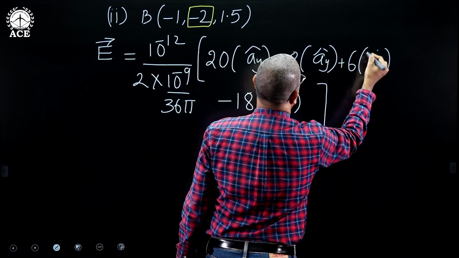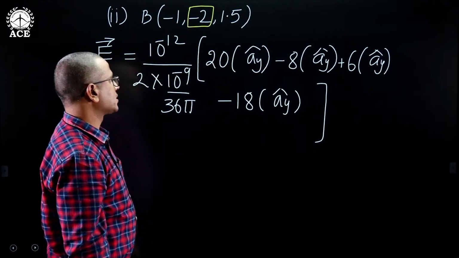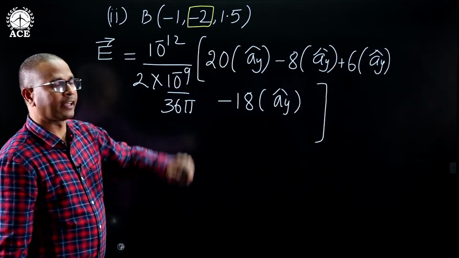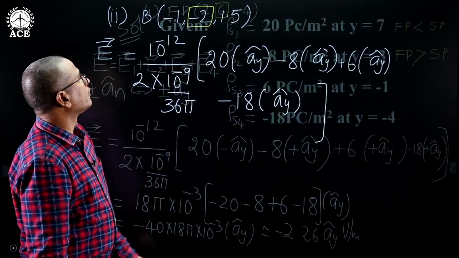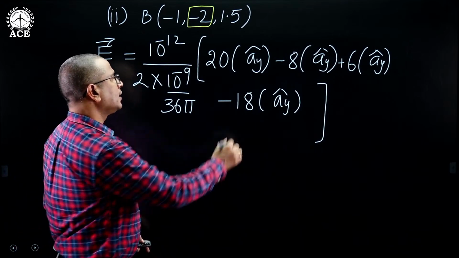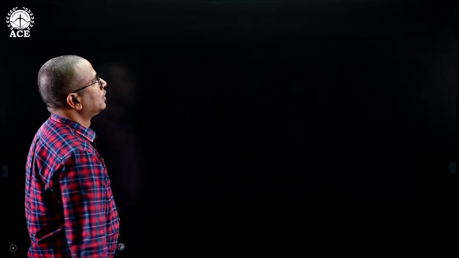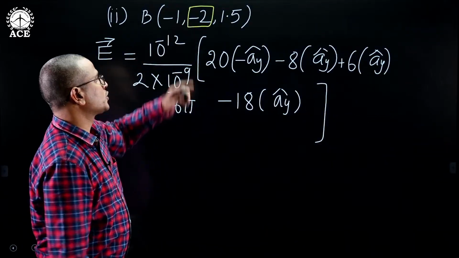Now we can decide the sign by looking at the source point and field point locations. Tell me, 20, -8, 6 and -18. Look at these magnitudes. First one, y equal to 7, the field point is -2. So definitely the field point is less than the source point, then minus. Second one, y equal to 3, your field point is -2.